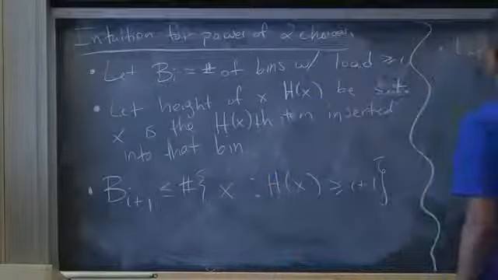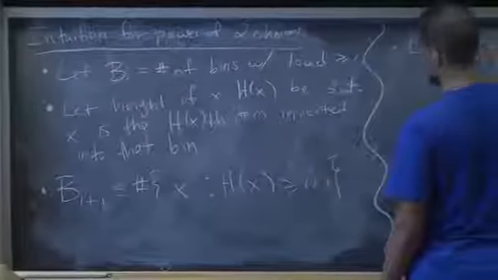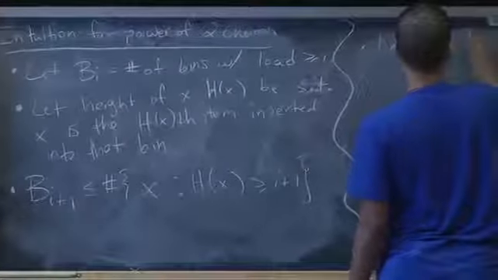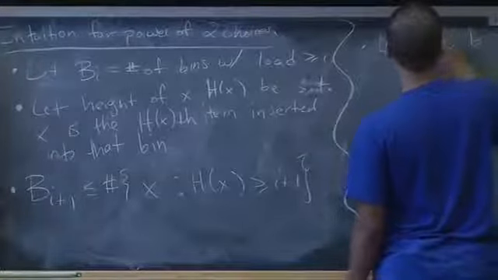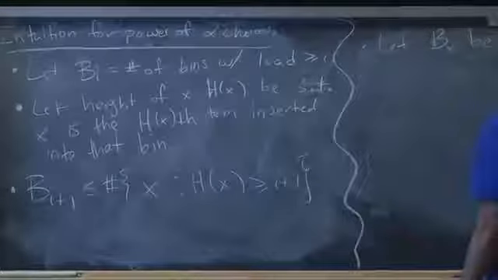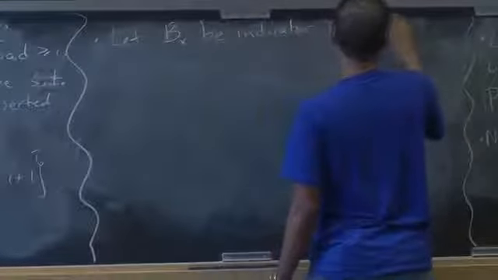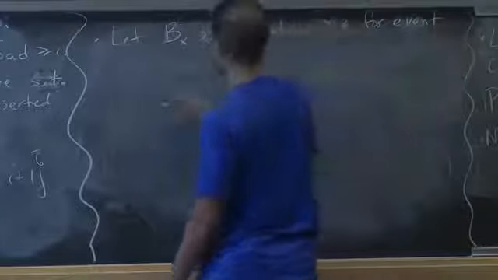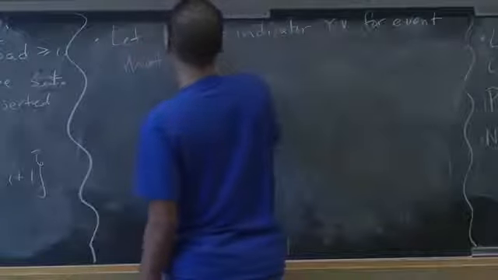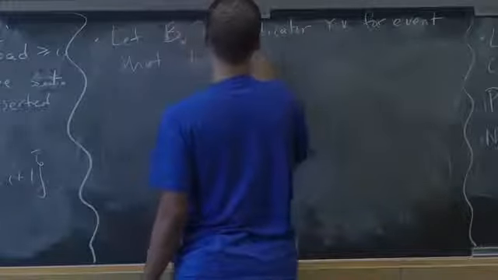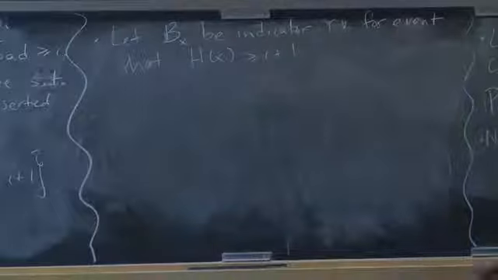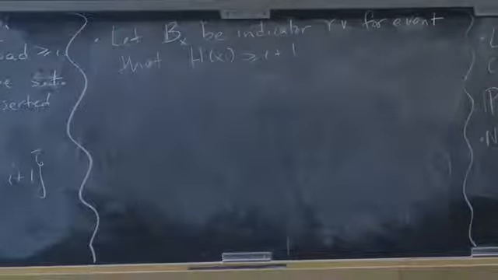So let b_x be an indicator random variable for the event that h of x is at least i+1.